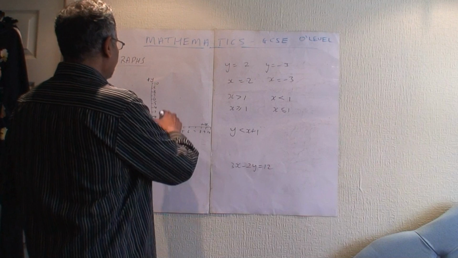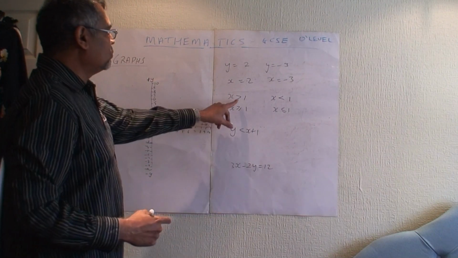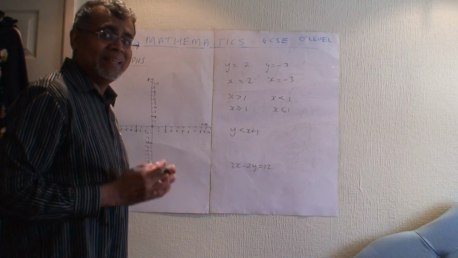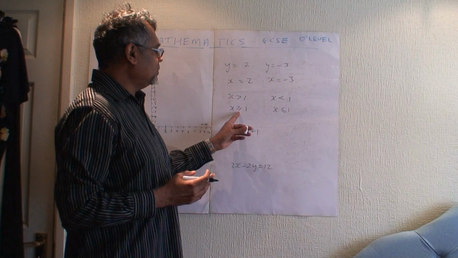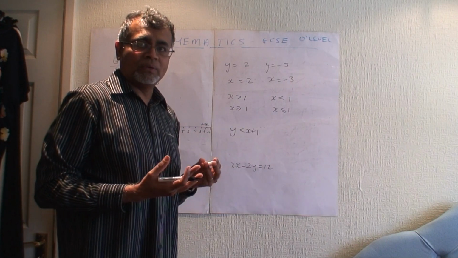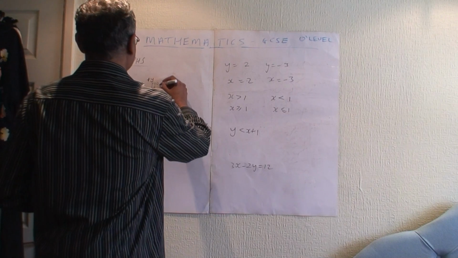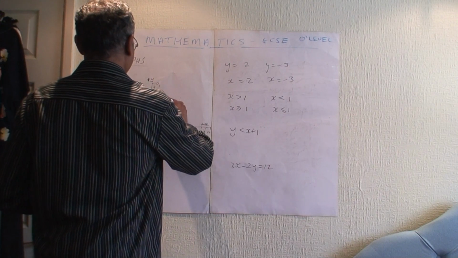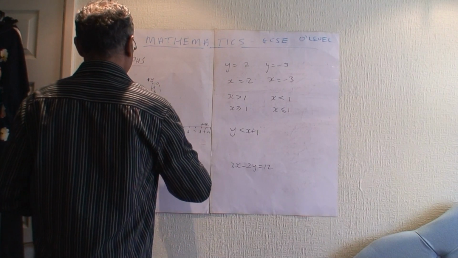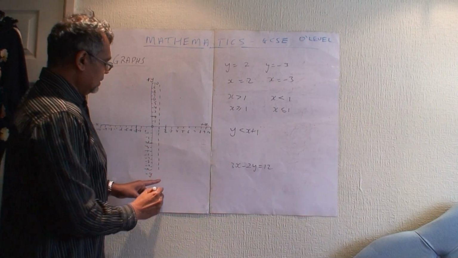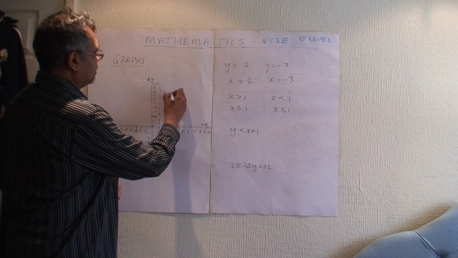So we can draw a line there, but because it's greater than, we will draw a dash line. If it was greater than or equal to, or less than or equal to, then we can draw a solid line. But here we draw a dash line. So that is x is greater than 1.